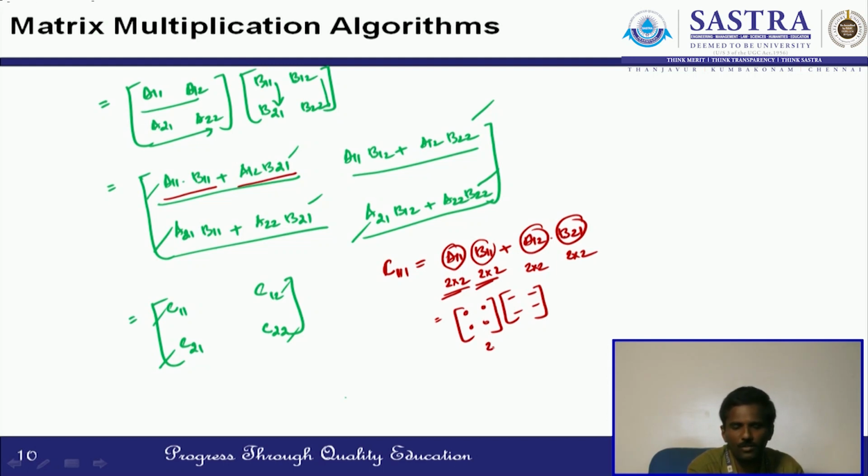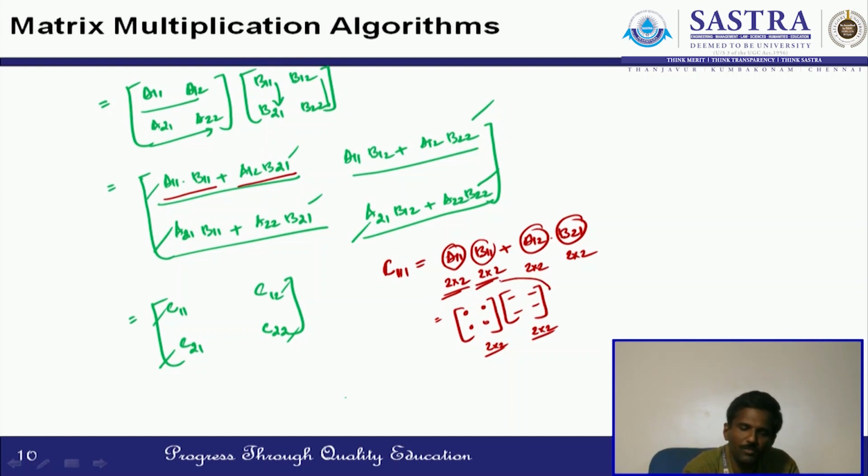This takes a 2 by 2 order. This also takes a 2 by 2 order. Now each element in A11 and B11 is a singular element, a 1 by 1 matrix. At that stage we need to terminate the recursion. So to terminate the recursion, we need to call the conventional matrix multiplication method.